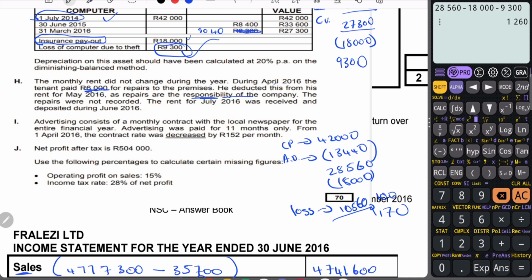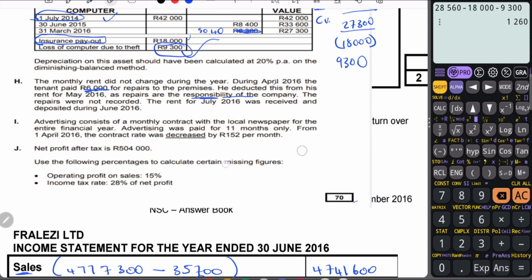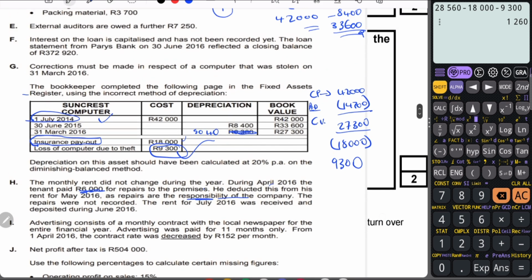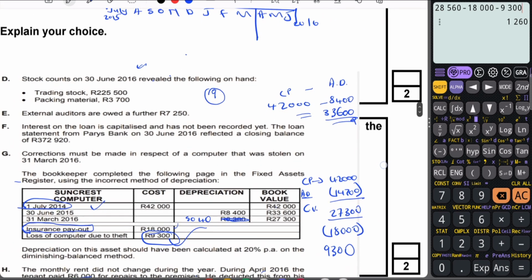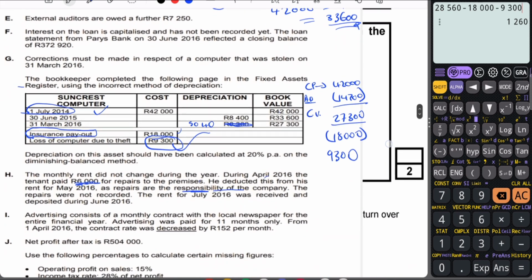The rent for July 2016 was received and deposited during June 2016. It means that they paid this rent in advance. Let's go and check it now. We do have our financial year. Our financial year starts on July and ends on June 2016.